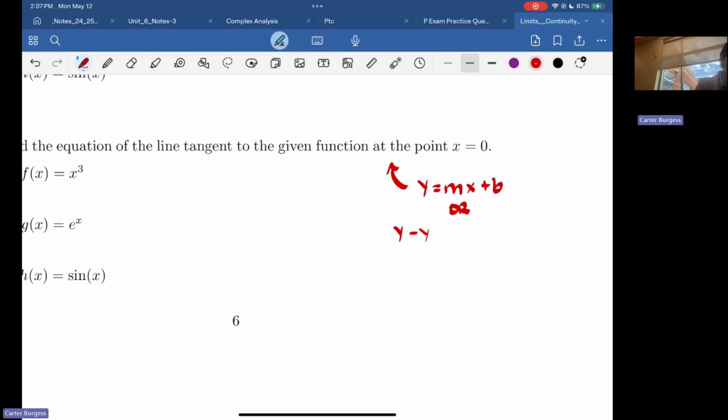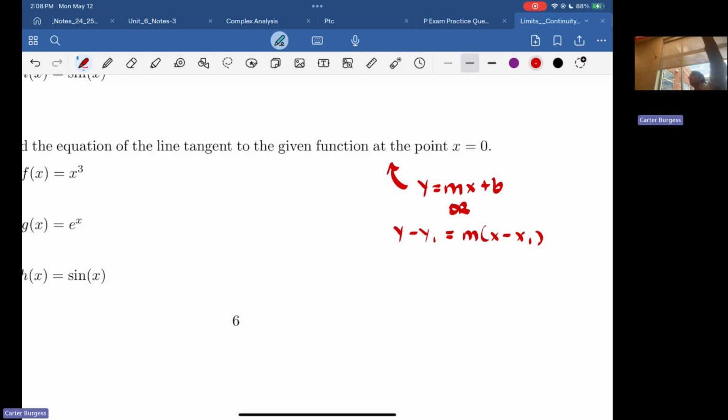It's y minus y1 is equal to m times x minus x1. So you have point slope form, which I like a lot because it's very generic. And then if you want to, you can do y equals mx plus b. It's fine, but you have to do more work. And I don't know why you would do more work when you could choose to do less work.